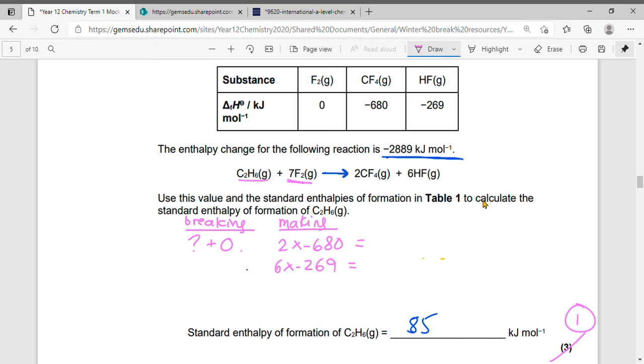So let's just find out their values. 2 times negative 680 is negative 1260. 2 times negative 269 is negative 538. So making, we will use these values as they are, but breaking, we need to subtract them. So negative question mark, minus 1260, minus 538 is minus 2889.